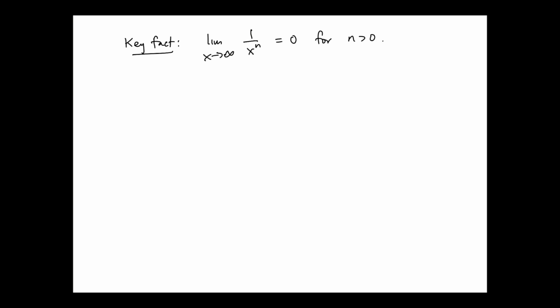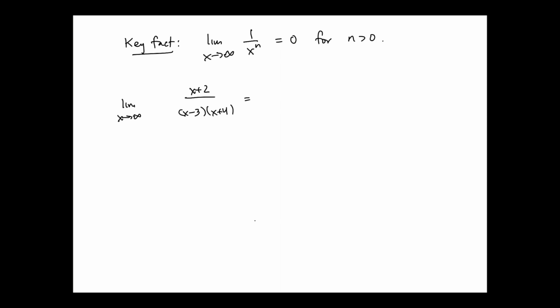So let's look at the example we just did instead of the one on the sheet here, just for fun's sake. What is the limit as x goes to infinity of (x plus 2) over (x minus 3) times (x plus 4)?